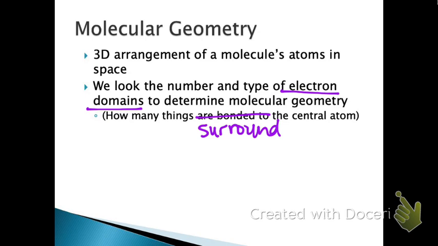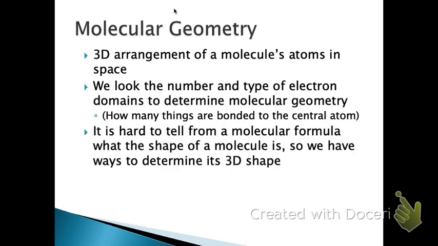Okay, when we're looking for an object's three-dimensional shape or its molecular geometry, it's hard for us to tell its shape just based on the formula, right? Just based on the formula H2O or based on the formula CH4 or whatever it is, it's not easy for us to just look at the molecule and determine the shape.